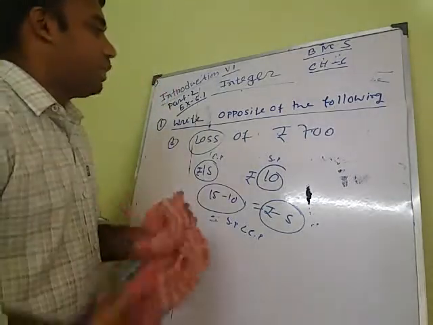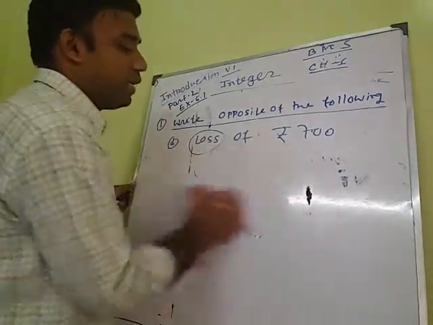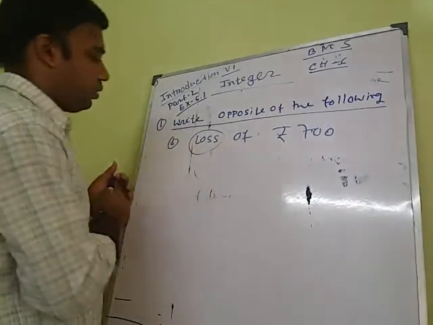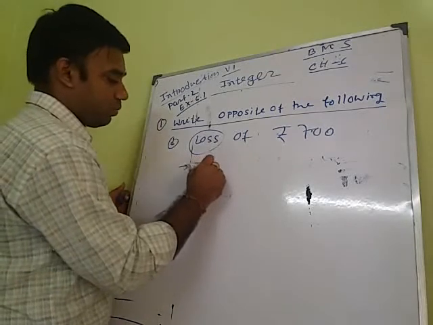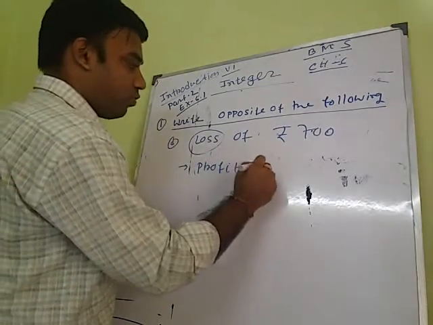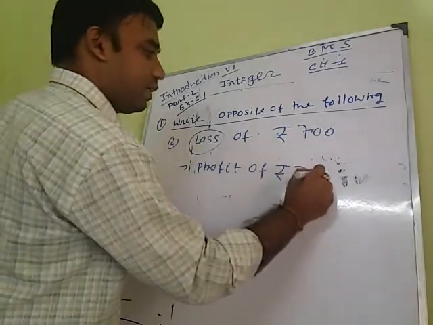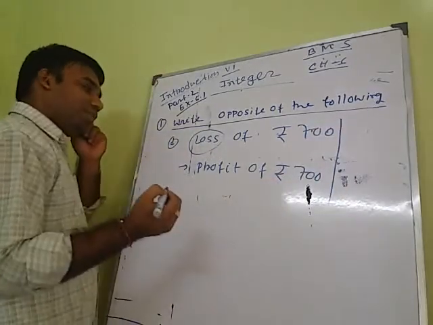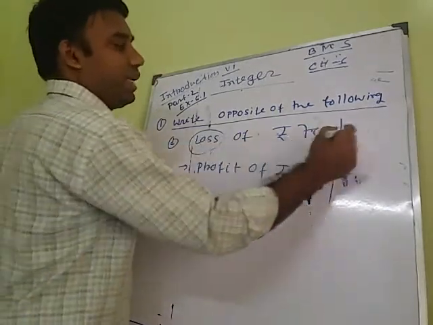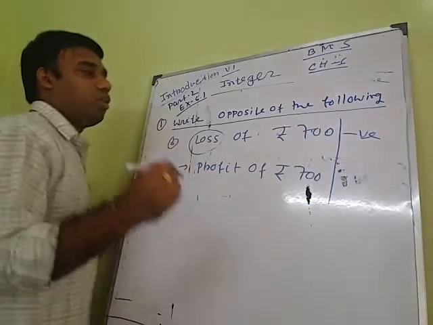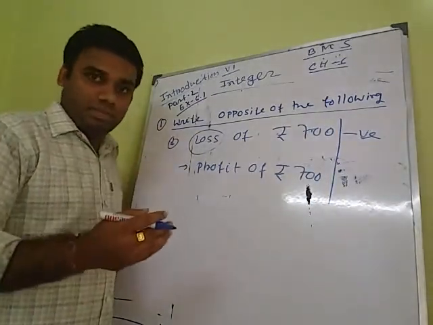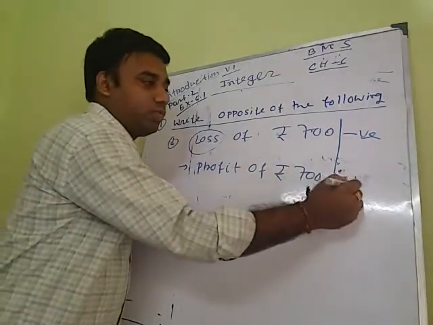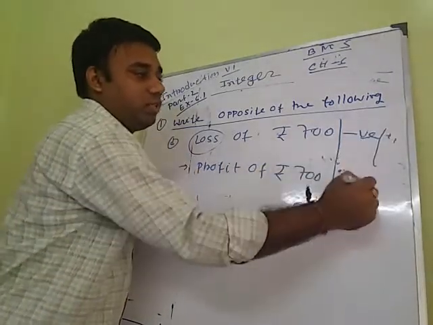So loss of rupees 700 means the opposite statement is profit of rupees 700. If you want to take the positive and negative sign, loss of rupees 700 I will take as negative. You can take this as positive; if it is positive, the other will be negative.